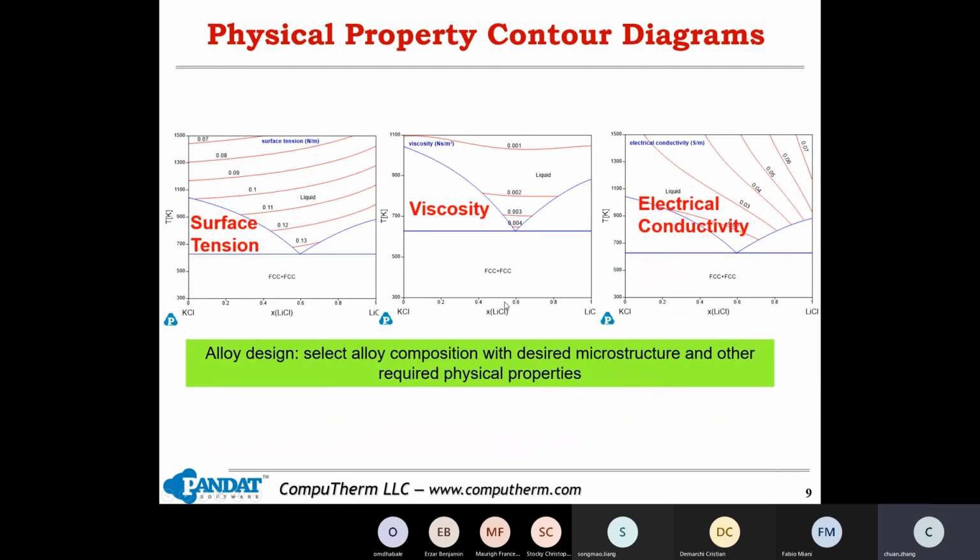Of course, we can plot contour lines of all kinds of available properties on a phase diagram, such as surface tension, viscosity, electrical conductivity, etc. This is very useful for alloy design, to select an alloy composition with a designed microstructure and other required physical properties.